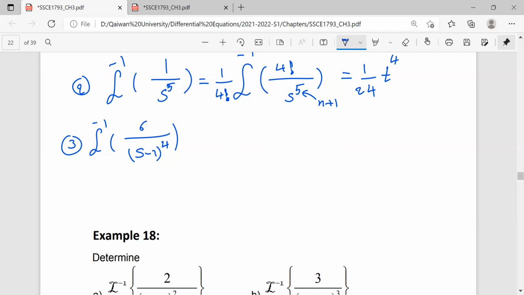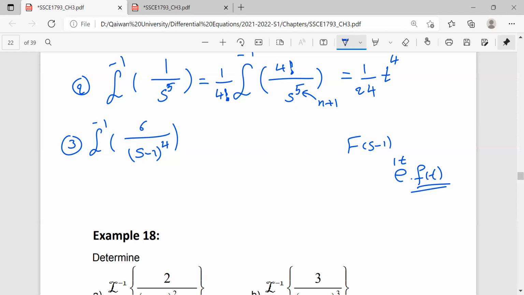We have F of s minus 1. That means we must have e to the power 1t multiplied by f of t. We now need to find f of t.